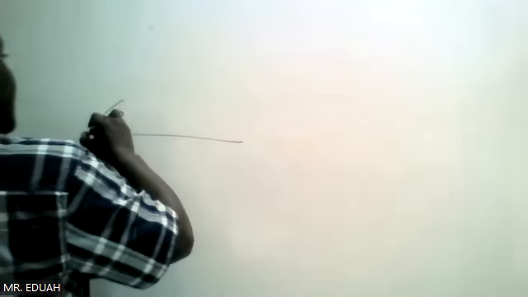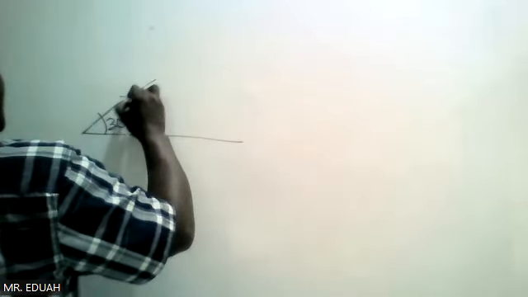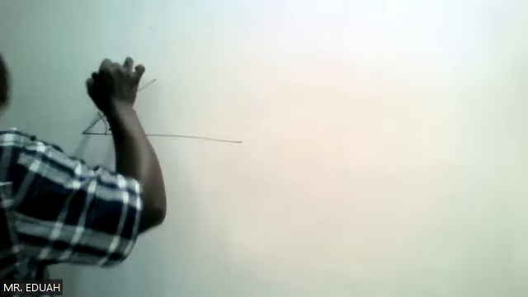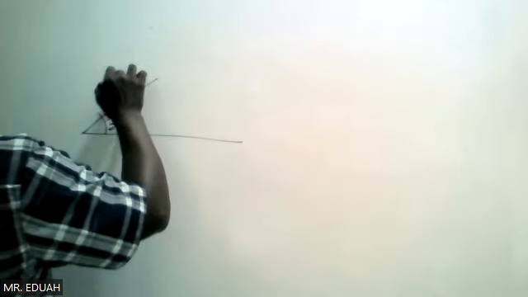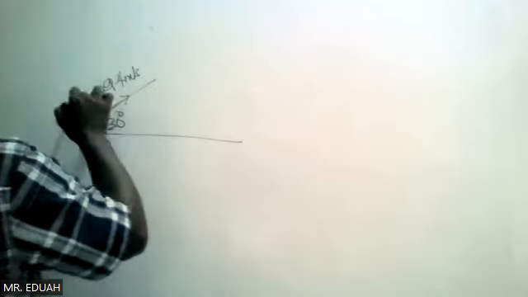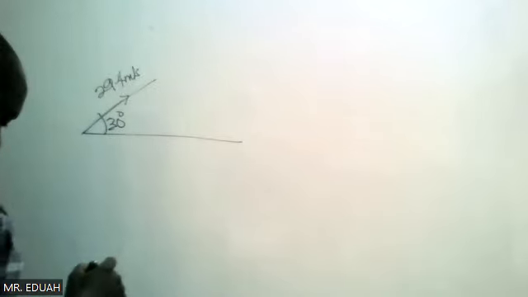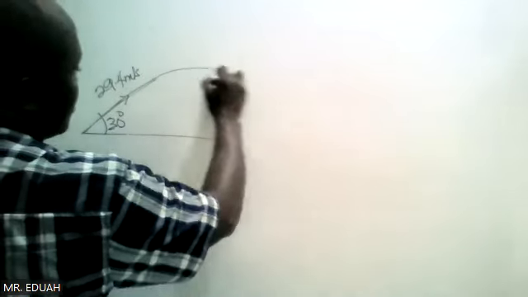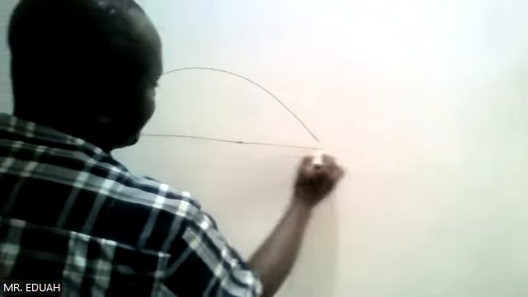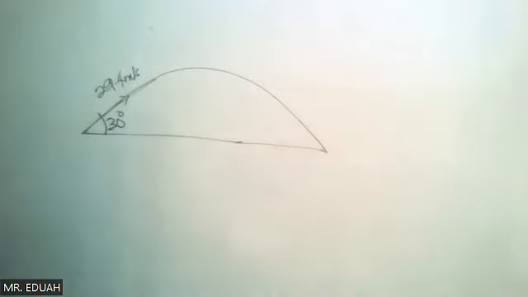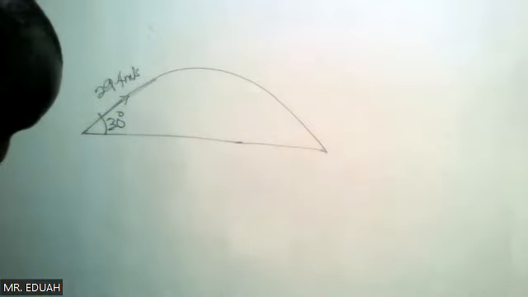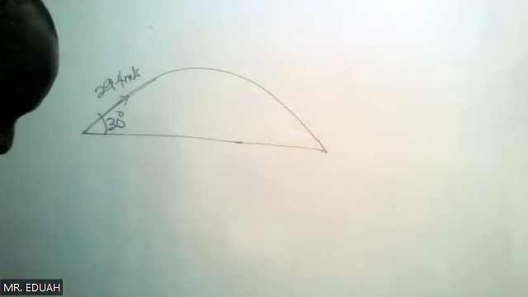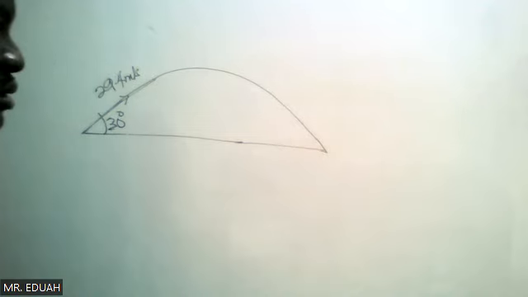The body is given a velocity of 29.4 meters per second as the velocity of projection. Once it is projected at an angle, it will have that parabolic trajectory. We have to calculate A, the total time of flight of the particle.